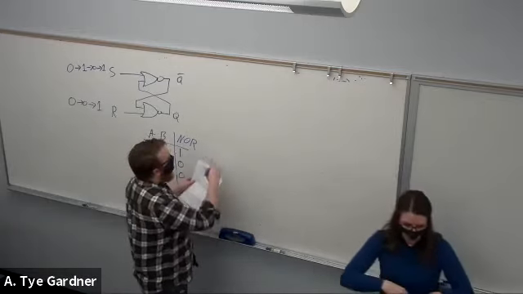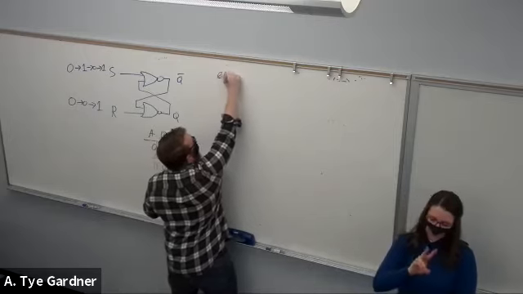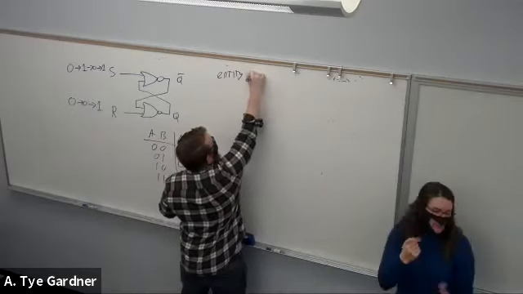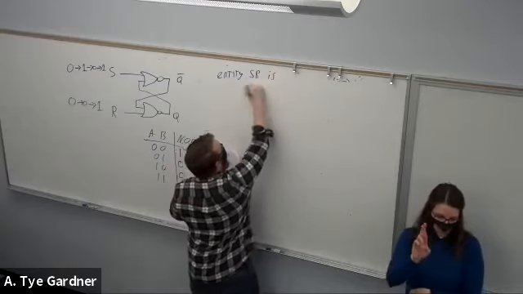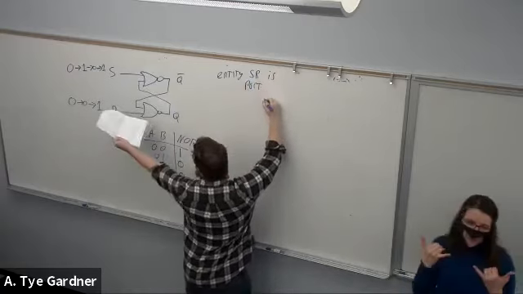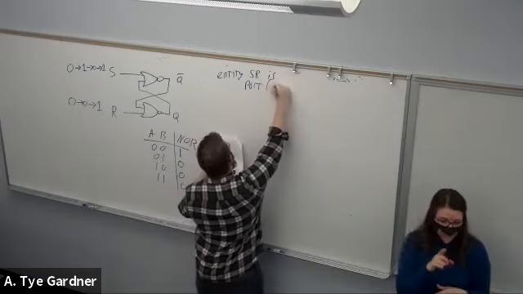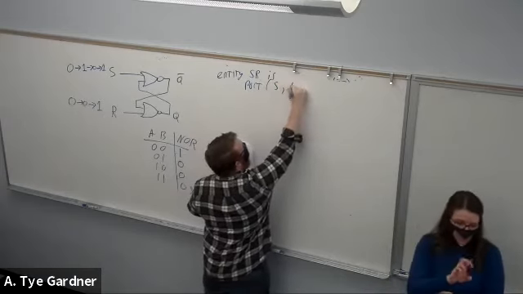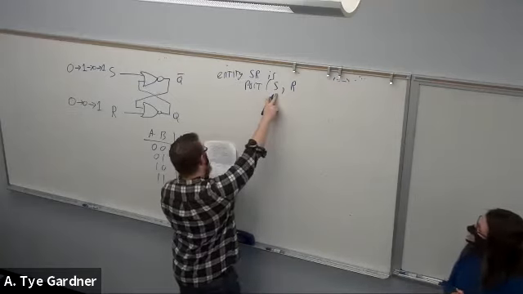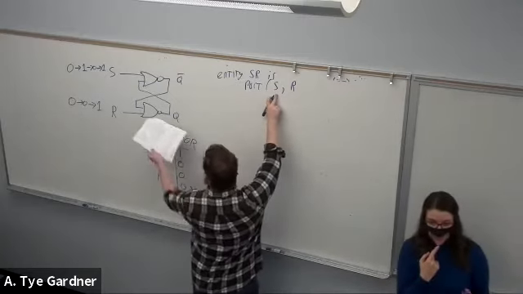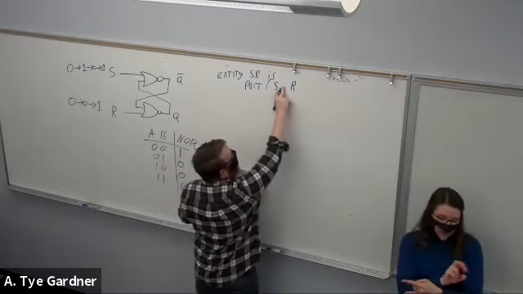Well, let's say that we have an entity, SR, and it has ports. Well, it just needs set and reset, right? And I'm going to say, for the sake of sanity, that I'm going to use the NAND gate version of this.